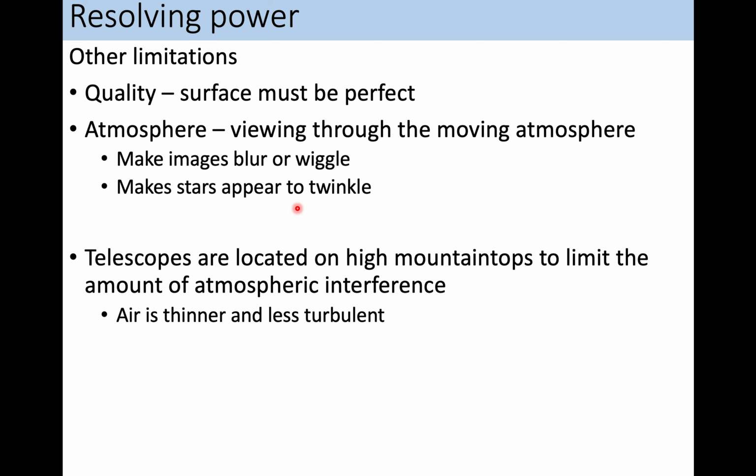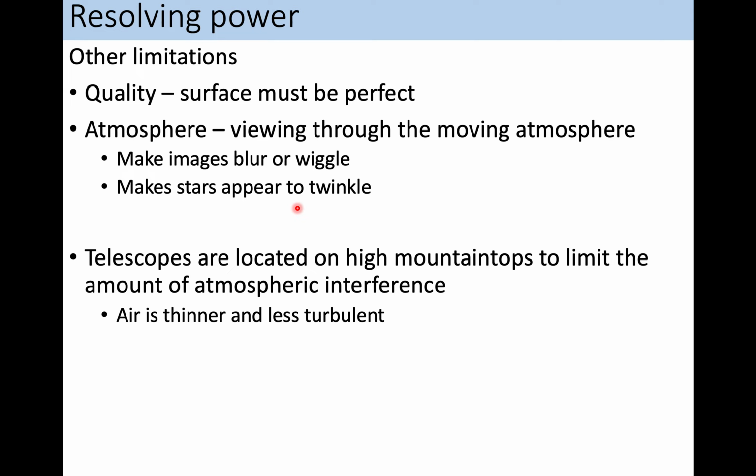Now the two main other aspects are the quality of your instrument. So the surfaces must be perfect. So your lens, your mirror, all of the glass pieces must be totally perfect. And then the last piece is to think about the atmosphere. So the blurriness caused by looking through our atmosphere.